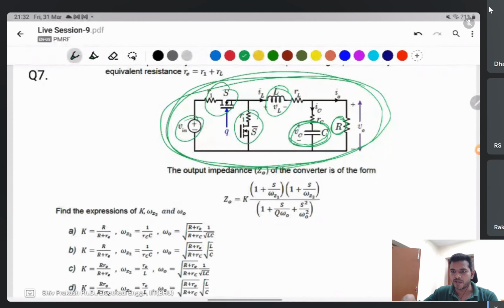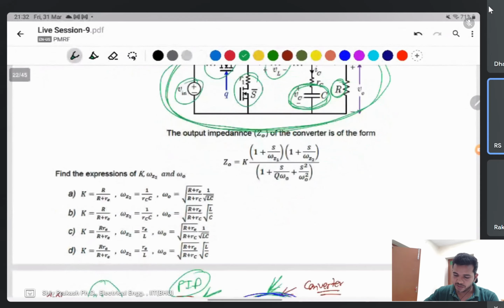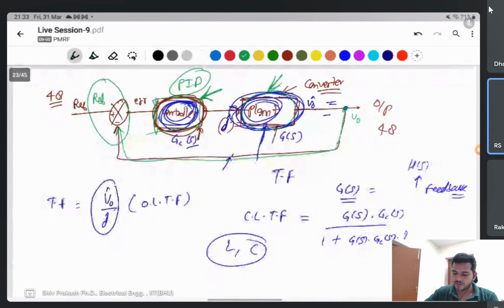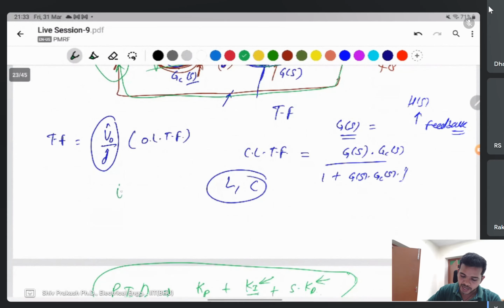That's why I take Vo by D. Then at that time you should find IL by D. In this you control the input inductor current.